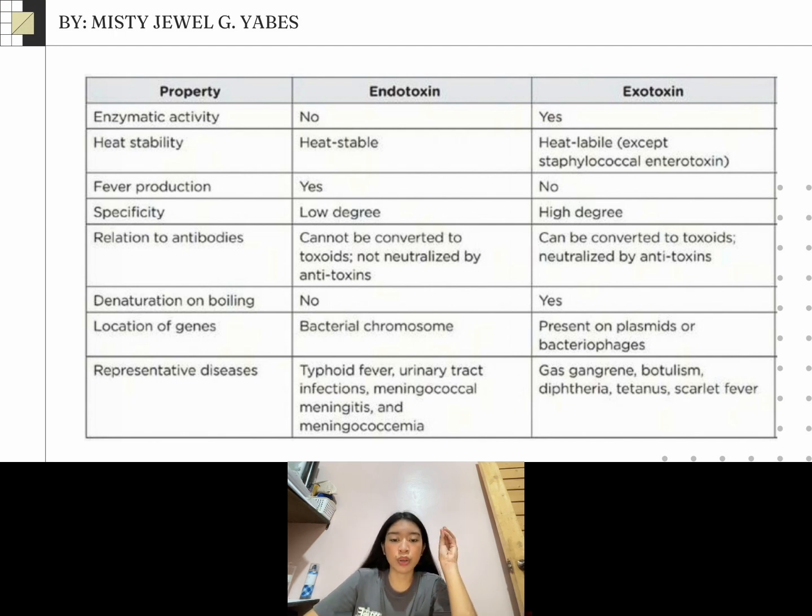Ang ating exotoxin naman ay nagproproduce ng disease na gas gangrene, botulism, diphtheria, tetanus, at saka ng ating scarlet fever. Okay, so yun lang naman yung under sa ating chemical ways.